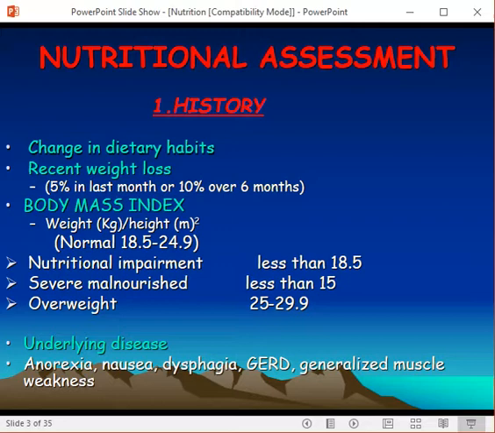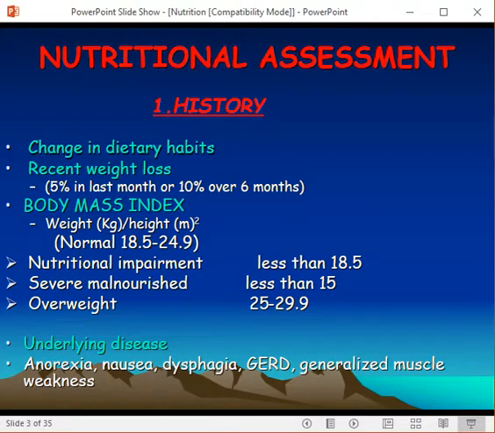If it is less than 18.5, there is a nutritional impairment, and less than 15 is severe malnourishment. And if the body mass index is 25 to 29.9, this is an overweight patient.